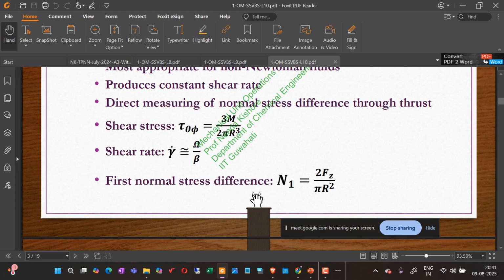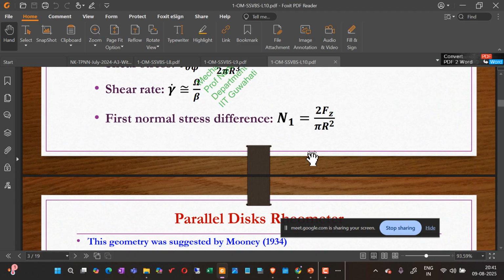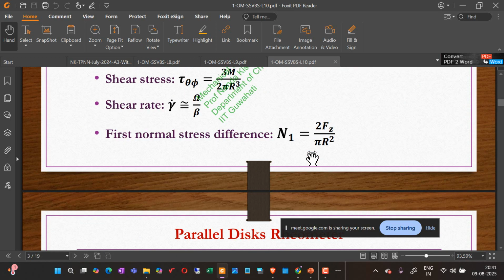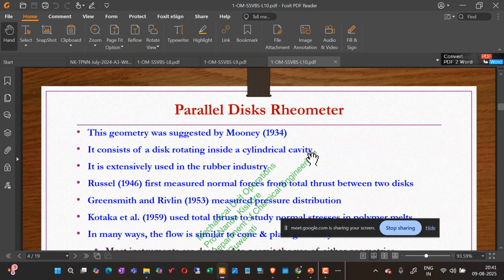So whenever you will be asked the first normal difference, you will be given with the thrust value. Okay, so in the exams you may expect this thrust related problems, and this thrust related problem will be used in order to calculate the first normal difference in the case of this plate and cone type rheometer.